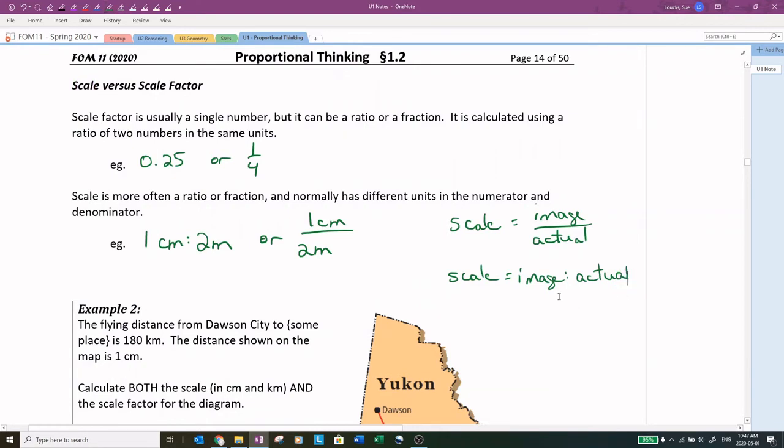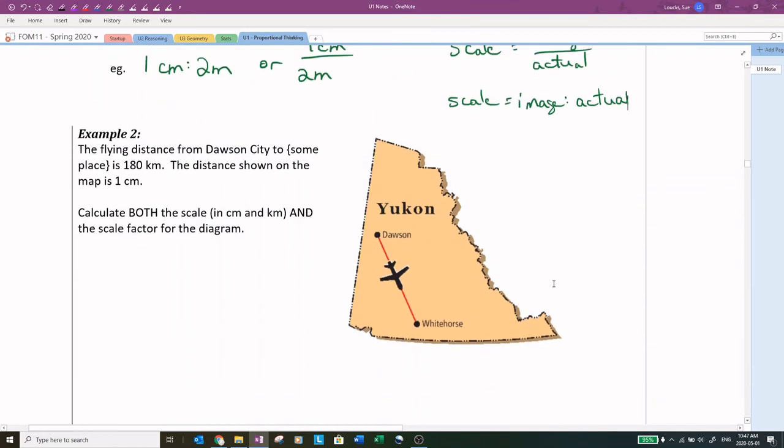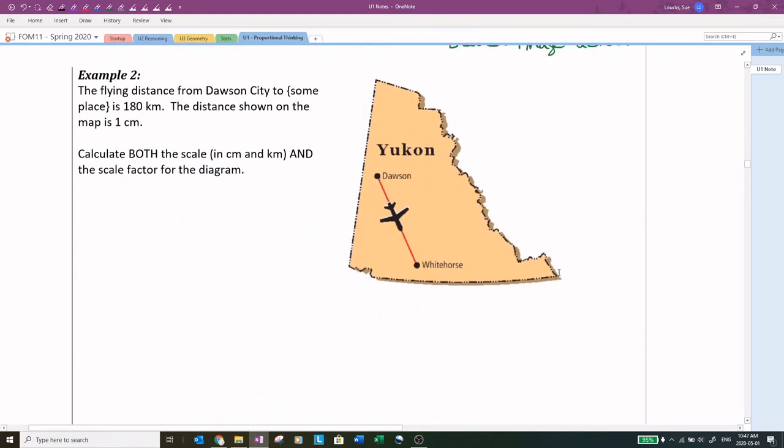Okay, let's do some examples and do an example comparing scale and scale factor. The flying distance from Dawson City to someplace in the Yukon is 180 kilometers. Calculate both the scale in centimeters and kilometers and the scale factor for the diagram. So I'm going to do scale first.